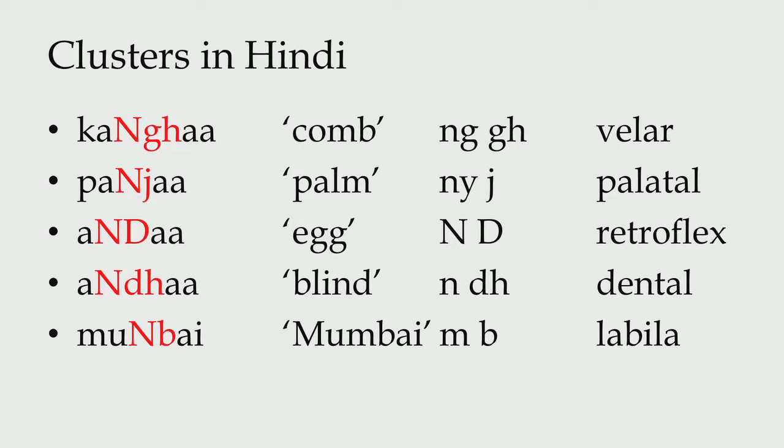This is why it is called nasal assimilation, that nasals in the cluster are going to be allowed only the ones that originate from the same place of articulation. And here by same place of articulation we mean the place of articulation that the following consonant has. Let us take another example, panja.